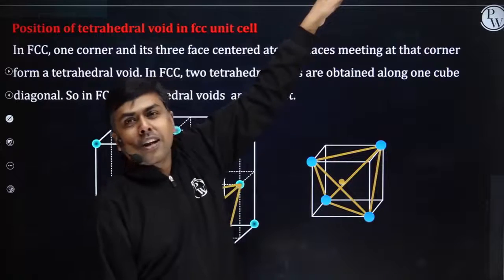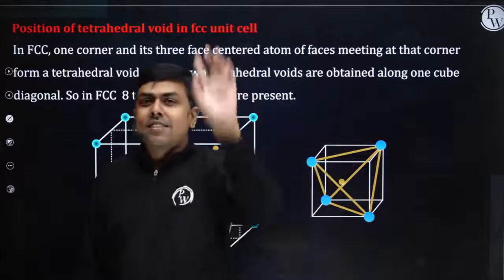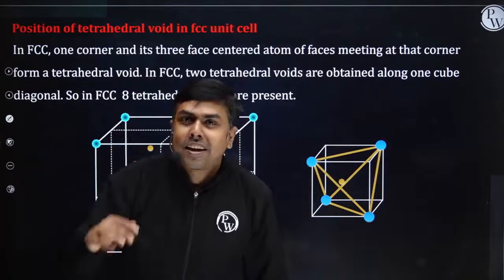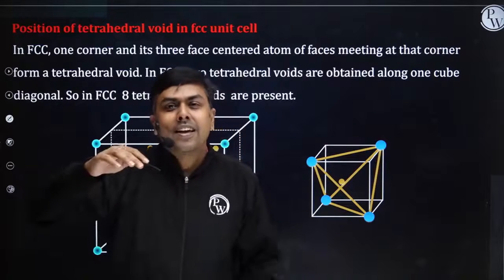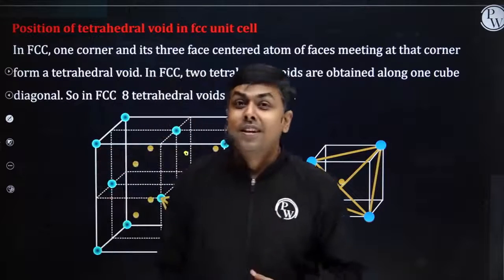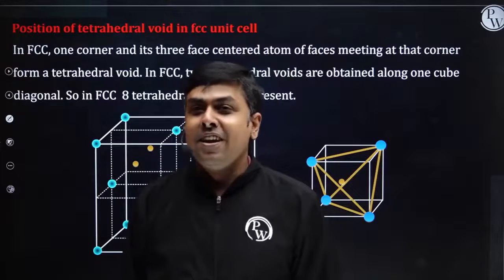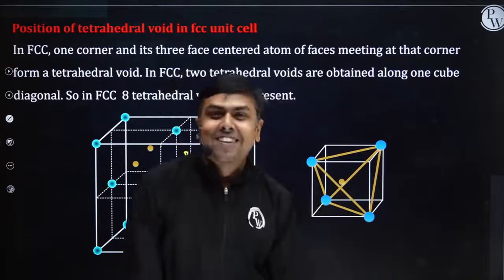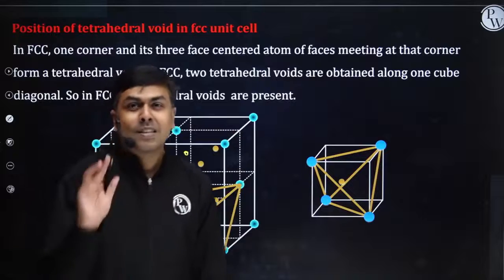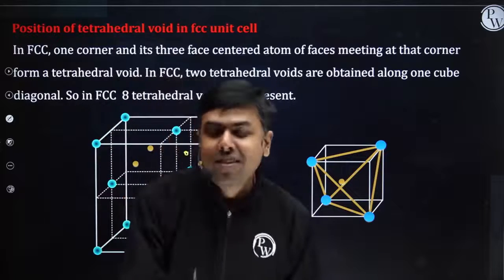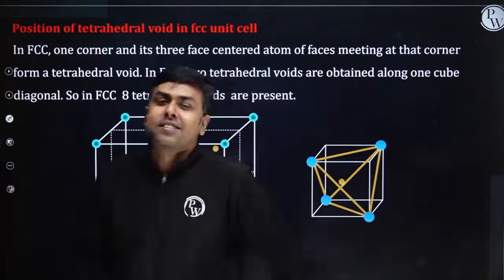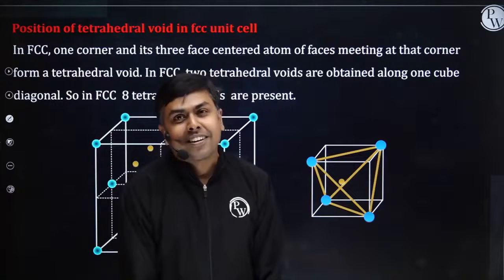So this corner atom will touch these face center atoms. And can I say it will exactly lie above these 3 atoms? Now, if I look from the side, I'm going to get a tetrahedral void. So students, basically in FCC, along every corner, I'm going to get a tetrahedral void.